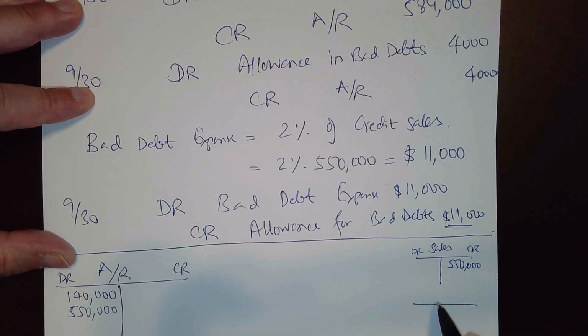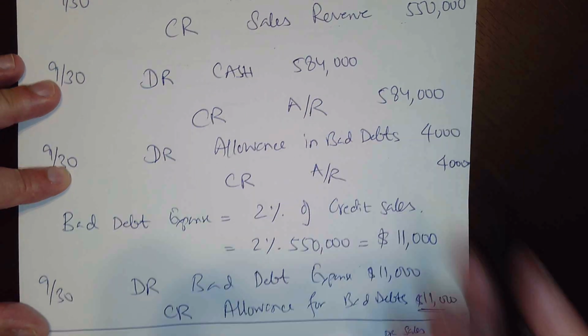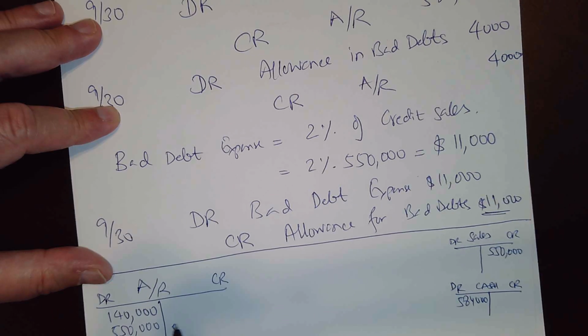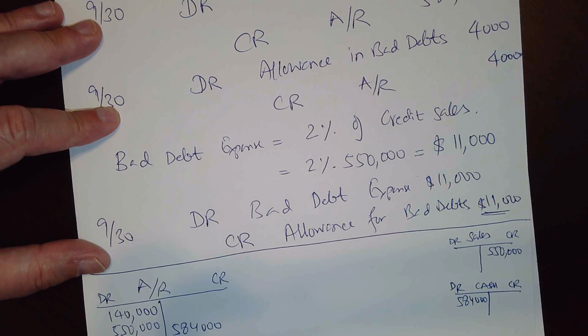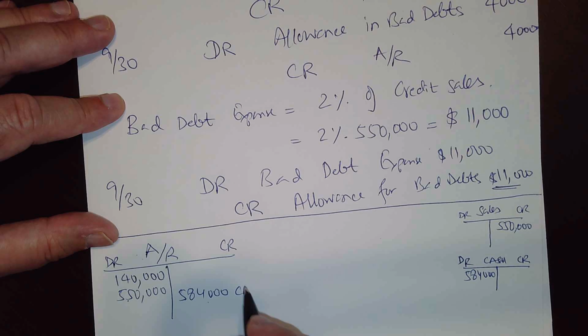And now we have another account, cash, where we collected cash. Our cash account has collected $584,000. So when we sell anything on credit, that increases the balance on accounts receivable, but when we receive the cash, I'm just going to say cash collected.